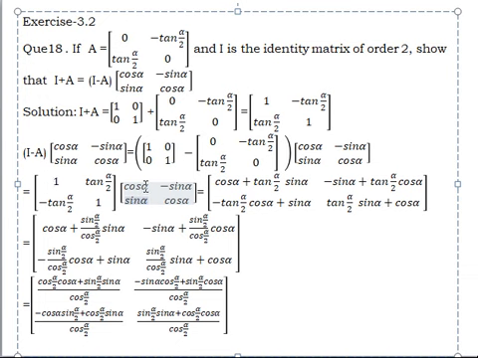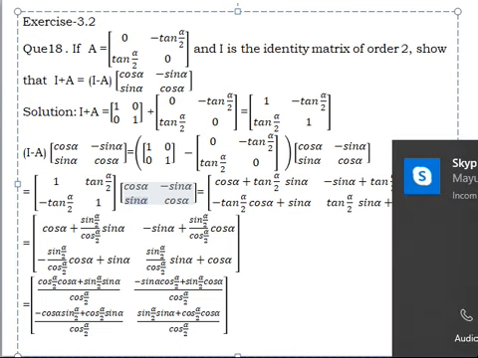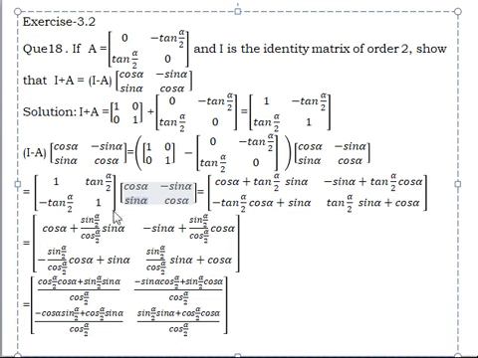Similarly, first row, second column: minus sin alpha plus tan alpha by 2 into cos alpha. Second row, first column is minus tan alpha by 2 into cos alpha, and second row, second column, minus minus plus, we have written here as tan alpha by 2 into sin alpha plus cos alpha.